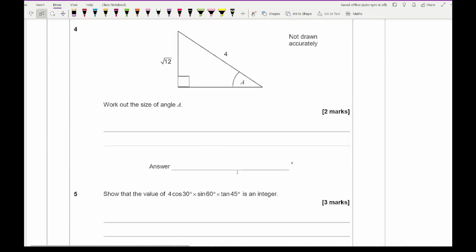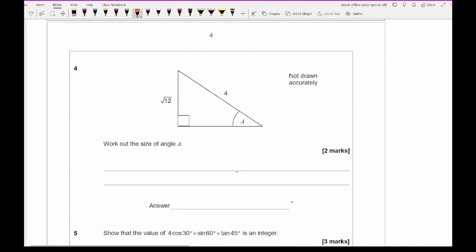Moving on to question 4, it says work out the size of angle A. So looking at this, I've got the opposite and I've got the hypotenuse. So I'm going to be using sine. So sine of A equals root 12 over 4. Now root 12 can be simplified. So root 12 is equal to root 4 times root 3.